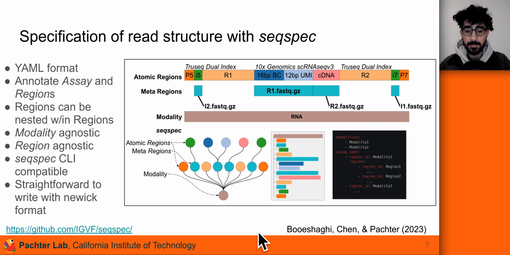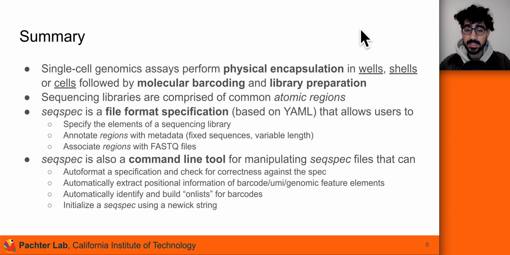So in summary, single-cell genomics assays perform physical encapsulation in wells, shells, or cells, followed by molecular barcoding and library preparation. Sequencing libraries are comprised of common atomic regions that we can specify with the seqspec file format. The seqspec is a file format specification based on YAML that allows users to specify the elements of a sequencing library, annotate regions with metadata, such as fixed sequences or variable length sequences, and then associate regions with FASTQ files.